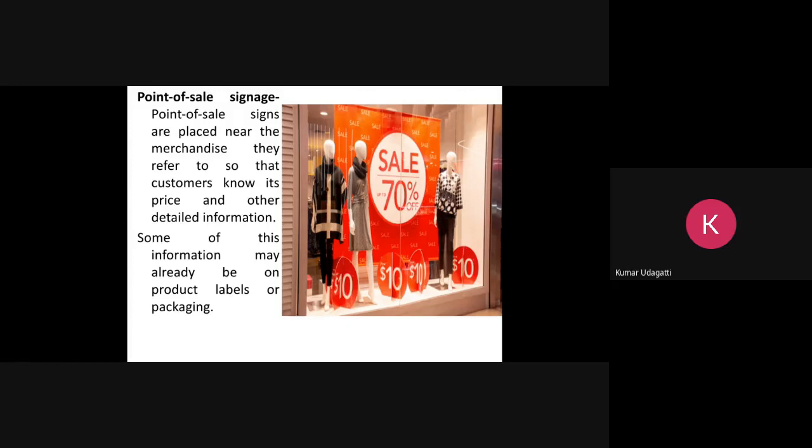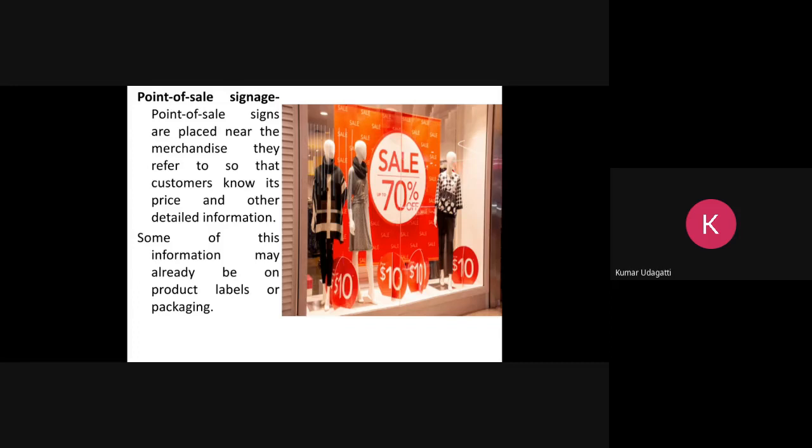For example, a 10,000 product sold at 70% off means 3,000 has to be paid. That depends on the previous information I had about that product category and related categories.